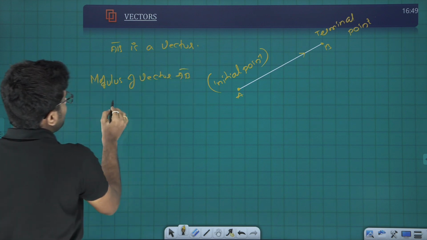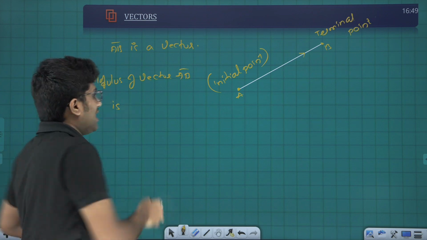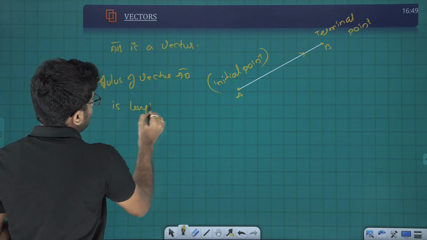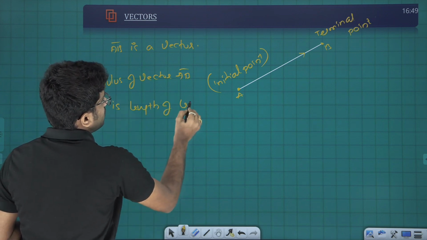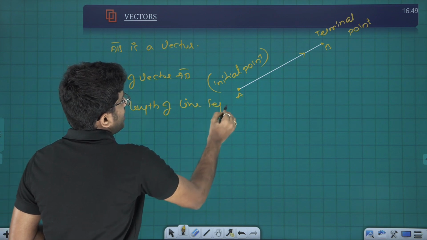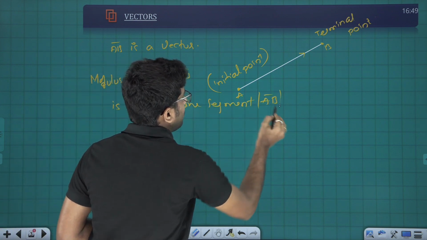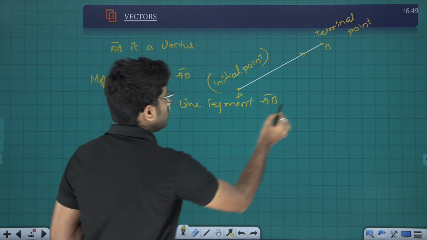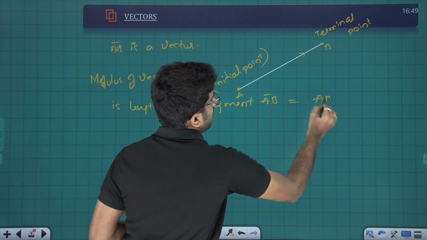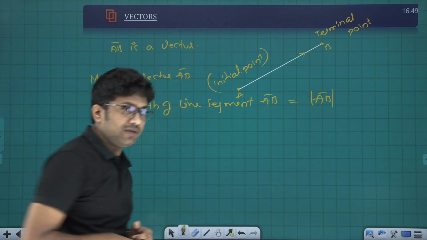AB bar is nothing but the length of the line segment AB bar. We generally denote it as mod AB bar or just simply AB.